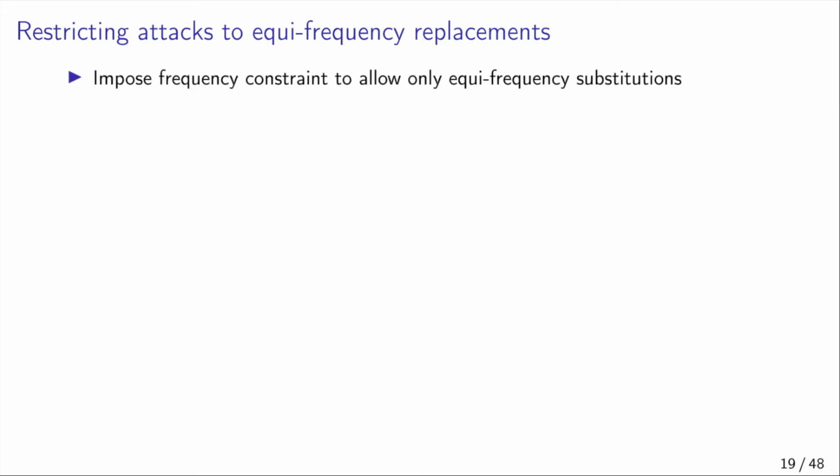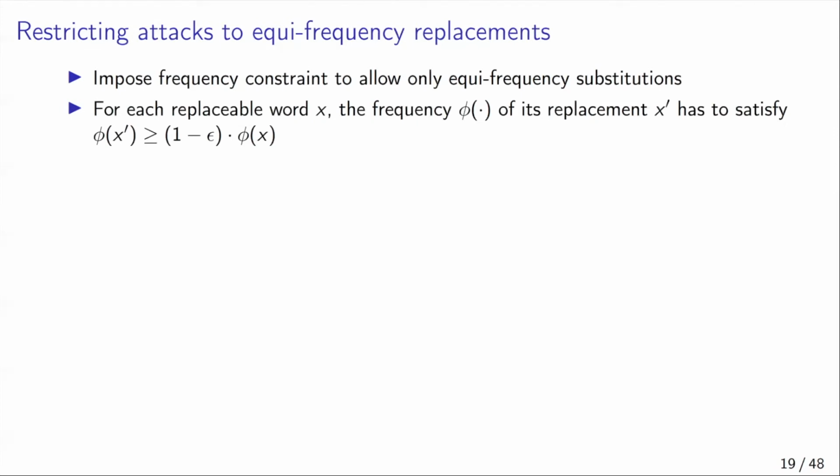So we imposed a frequency constraint to allow only equi-frequency substitutions, which means that for each of the replaceable words x, the frequency phi of its replacement x prime has to satisfy this inequality: the frequency of the replacement has to be larger or equal than 1 minus epsilon times the frequency of our original word. So if epsilon is equal to 0, then the replacement frequency has to be strictly larger or equal. And then as we increase epsilon, we'll only look at a fraction of these.